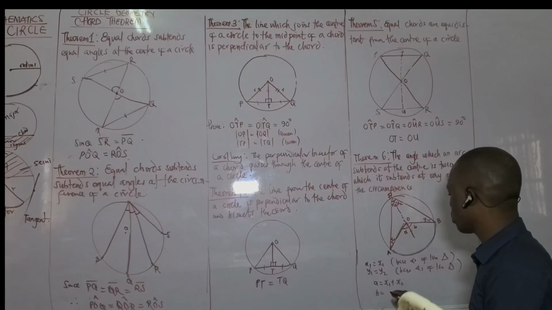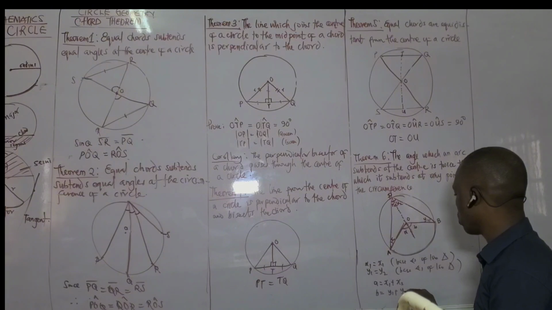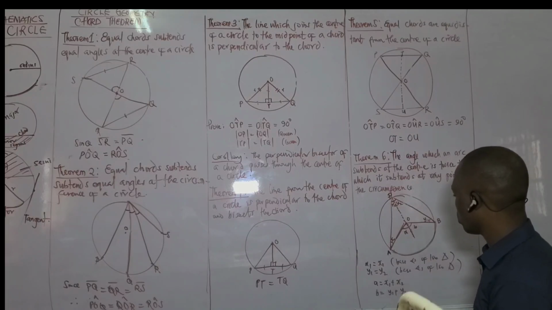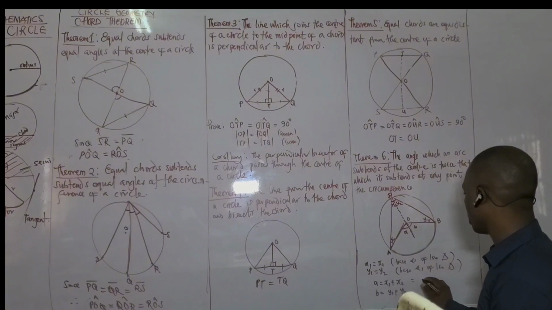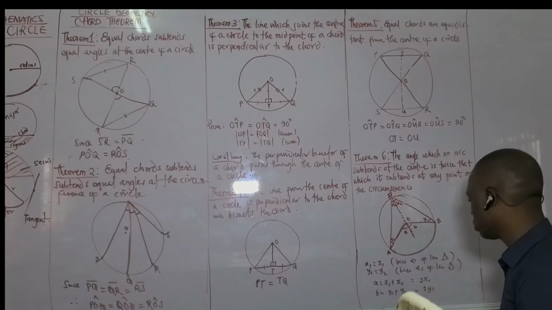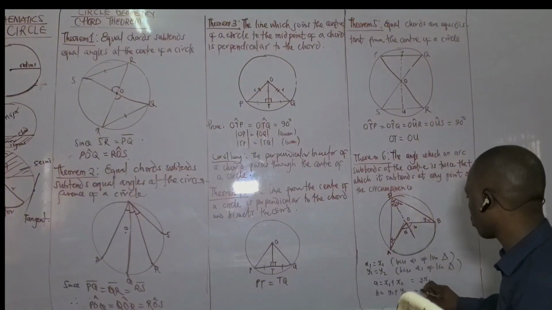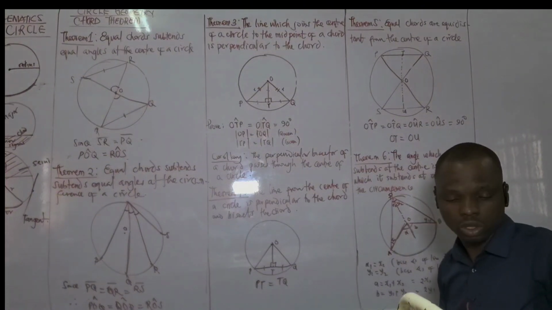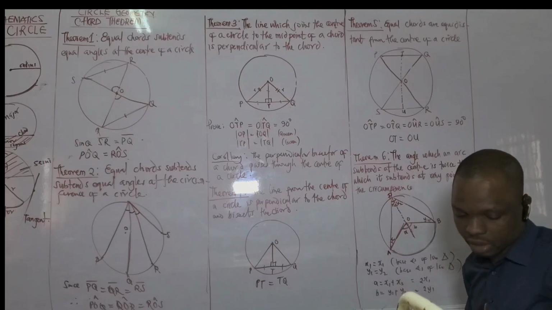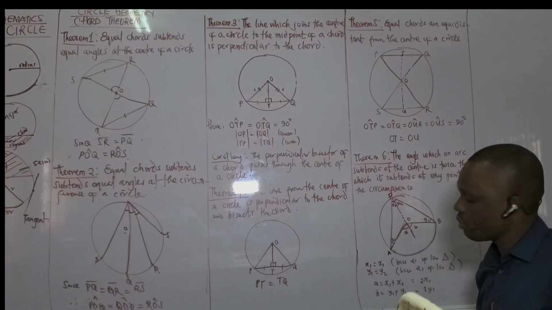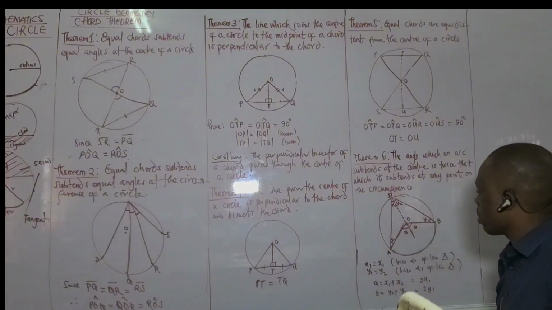Then B equals Y1 plus Y2. Now, since S1 and S2 are the same, I can say A equals 2S1 and B equals 2Y1. So from here you can see that, from the reflex, this is the reflex angle now.